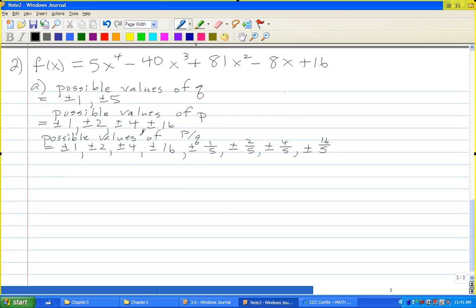Okay, so let's try to find the roots. 5, negative 40, positive 81, negative 8, 16.